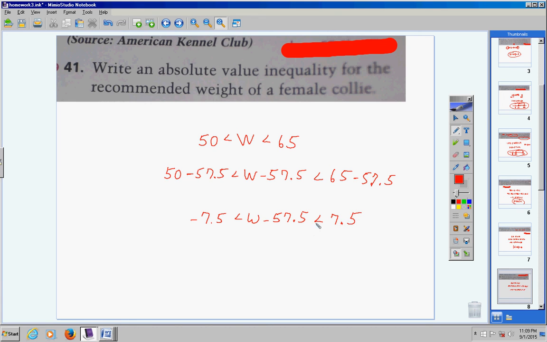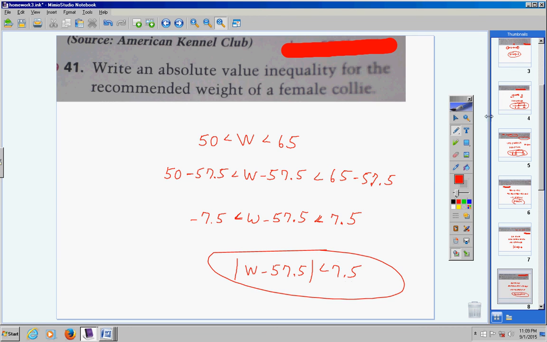Look what I've got. I've got a conjunction, arrows pointing to the left. Two identical numbers here, except one's positive and one's negative. So I put my absolute value, W minus 57.5, less than 7.5. There we go. That's an absolute value inequality that models the situation.